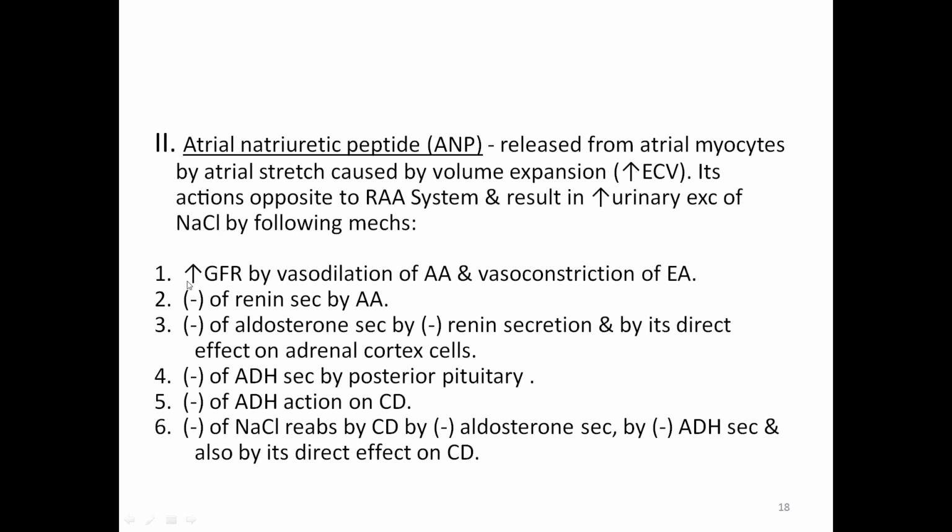And mostly, apart from increasing the GFR, it is having an inhibitory effect on all the systems, whether it is renin secretion by afferent arteriole, aldosterone secretion, inhibition of ADH by pituitary, or inhibition of ADH action on collecting duct cells. So directly and indirectly, it is inhibiting all of these other mechanisms. But yes, it is increasing GFR by vasodilation of afferent arteriole and vasoconstriction of efferent arteriole.